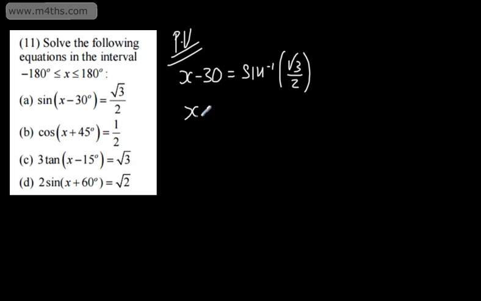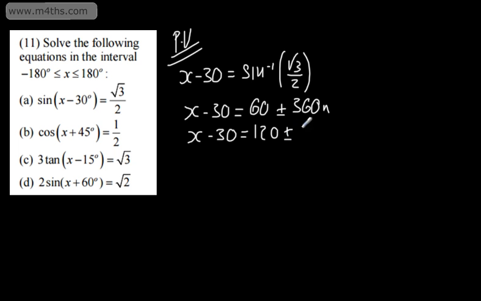So we can say x minus 30 is equal to 60, and then we're going to have plus or minus multiples of 360 degrees. By symmetry, if I have 60 degrees in, I'm going to have 60 back from 180 as it's a sine curve. So x minus 30 is also equal to 120 degrees plus or minus multiples of 360.